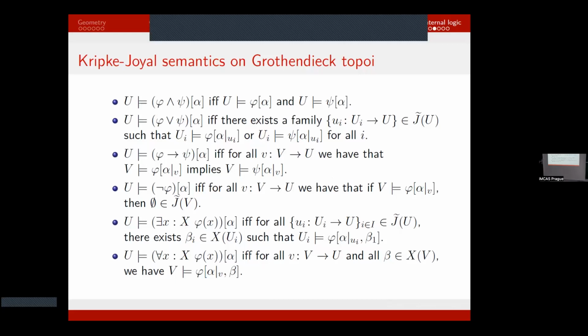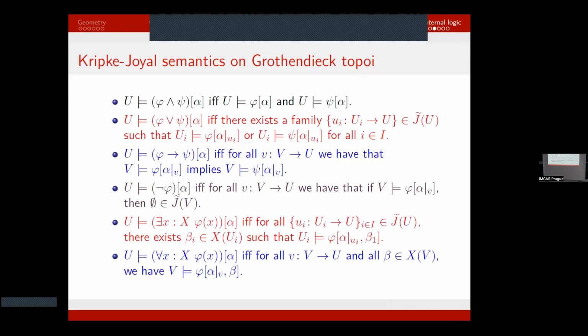Makes sense? We expect that phi and psi evaluated at alpha is true if and only if both phi and psi are true, right? The first one is exactly what we expect. So in sets, that's what happens. A formula is true on an element alpha if the first one is true on alpha and the second one is true on alpha. But if we look at everything else, basically nothing really behaves like that.